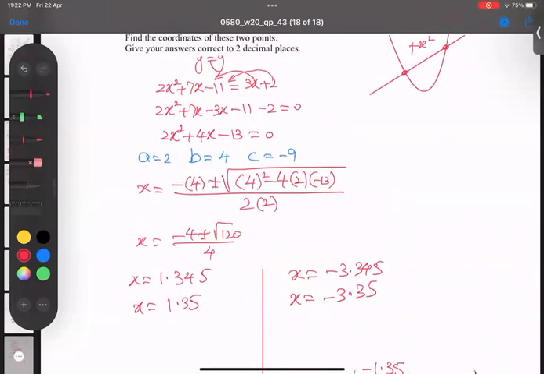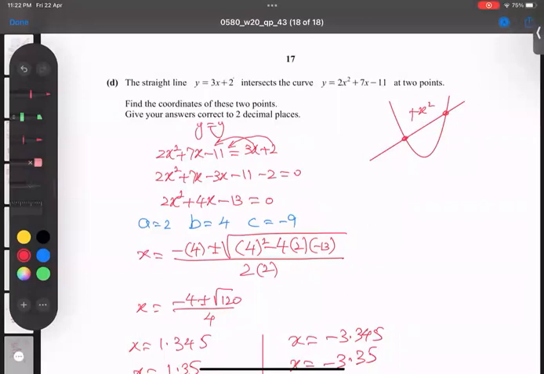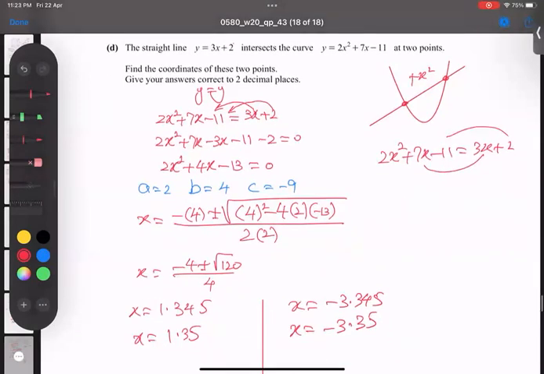Once again, let me recheck. Maybe some mistake is there. Let me check quickly, because sometimes it's human nature to make mistakes. 2x squared. It goes there, I got a 4. It goes there, I got a negative 13. This is correct. A is 2, 4, and minus 13.